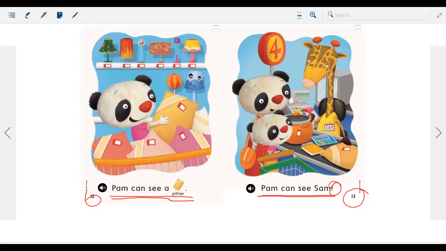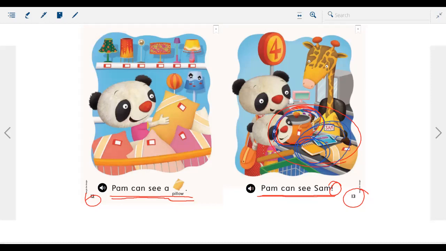So, what do Pam and her mother buy? What do they have here? Well, I see a pot, a pad. It's a notepad. A pen. Do you see the pen?